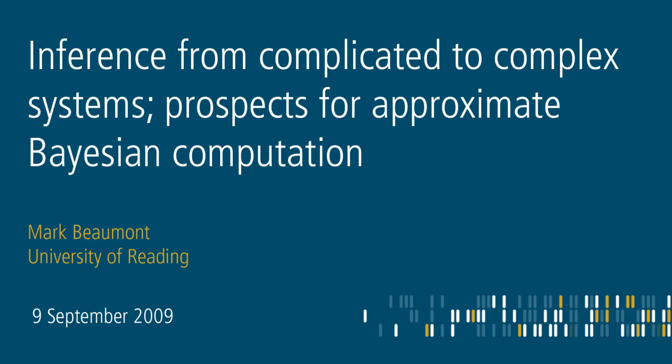And I think, as I'll discuss later, population genetics may not be the main home for ABC because there are other competing methods, but there are other sorts of problems that we might want to apply it to.